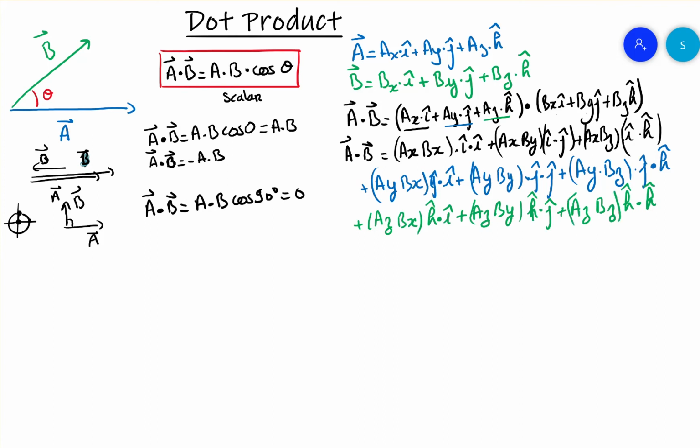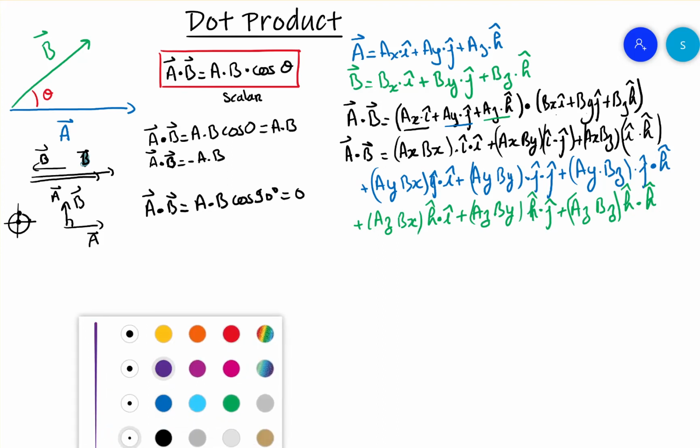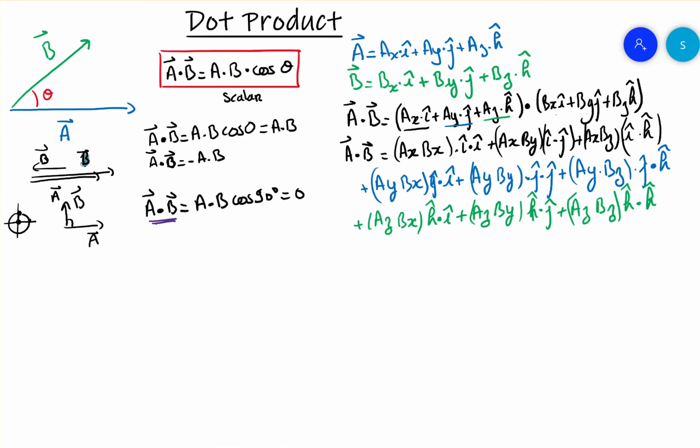I know it's a bit long, I just do it once. What we said just before is that when two vectors are perpendicular to each other, the dot product is 0.